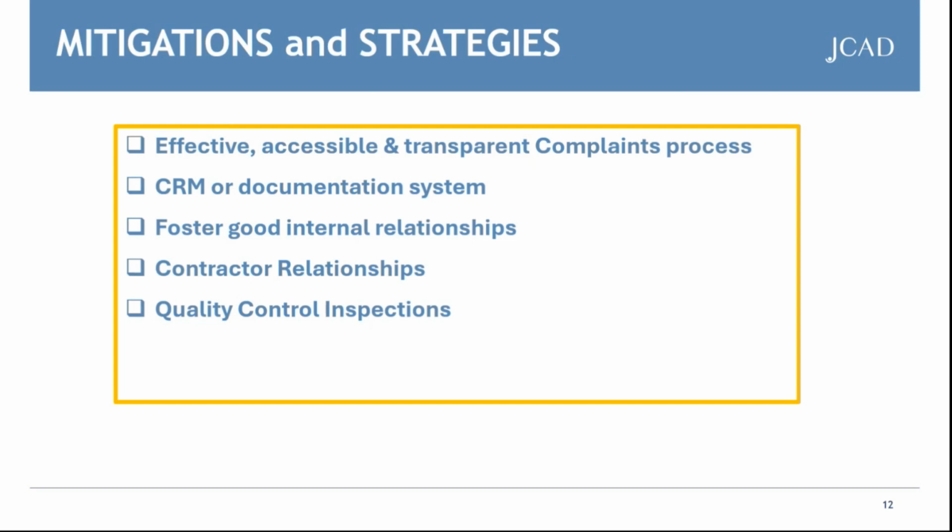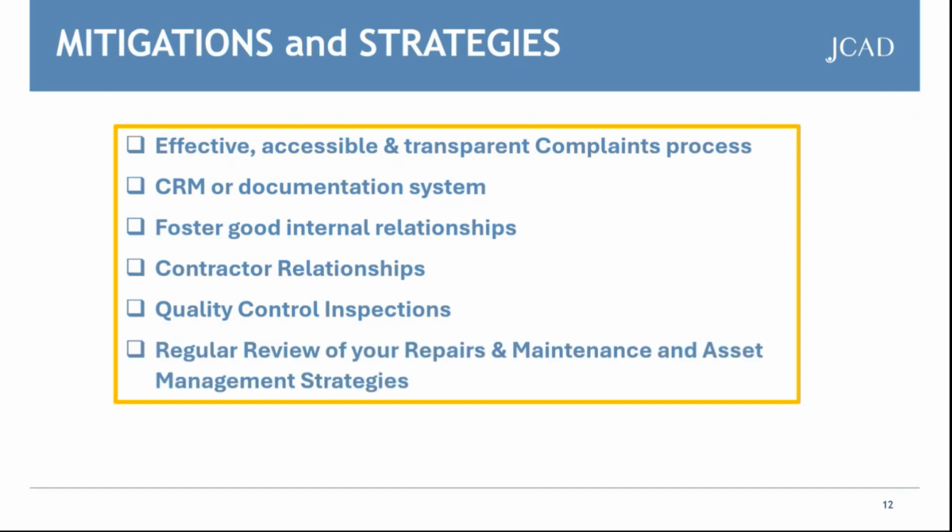Following those inspections, if there's any follow-on remedial works to be done, then that needs to be booked in as well. And of course, regularly review and update your repairs strategies and your asset management strategies based on any changing circumstances.